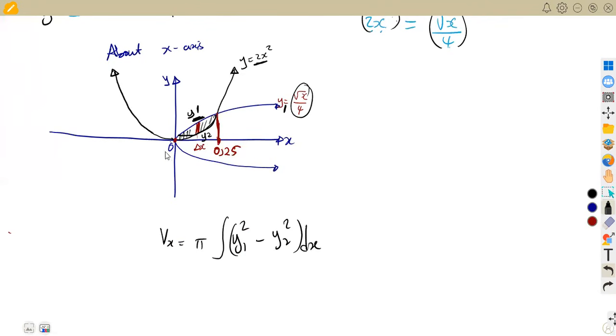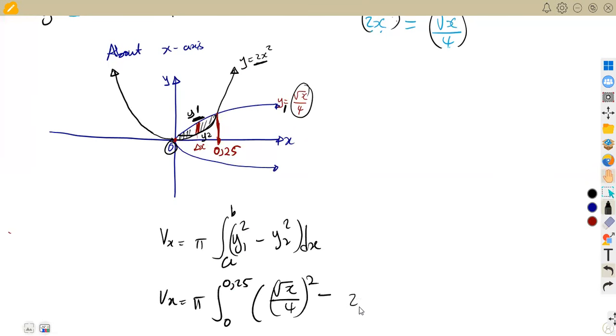Our limits are taken from 0 to 0.25, which is our a and b. All right, so we're going to substitute this. That is pi, the integral from 0 to 0.25. Then we substitute y1, like I said, the one on top, which is the square root of x over 4 in this case, squared, minus y2, which is this one below, which is 2x squared.